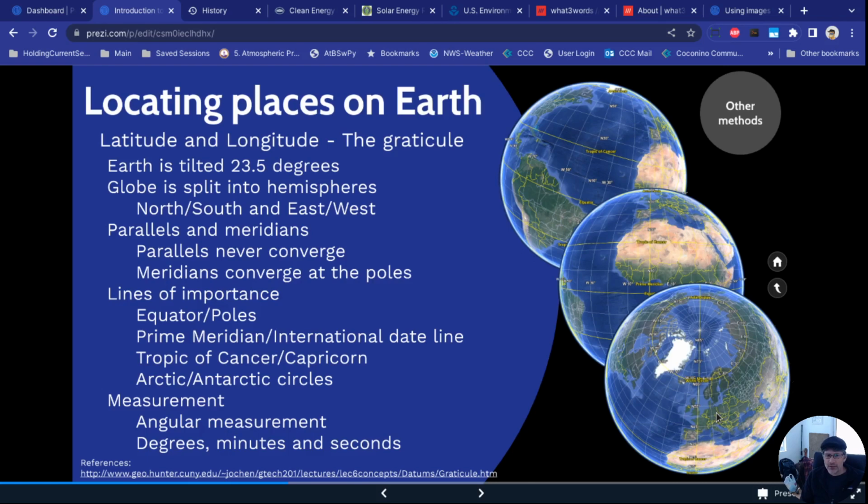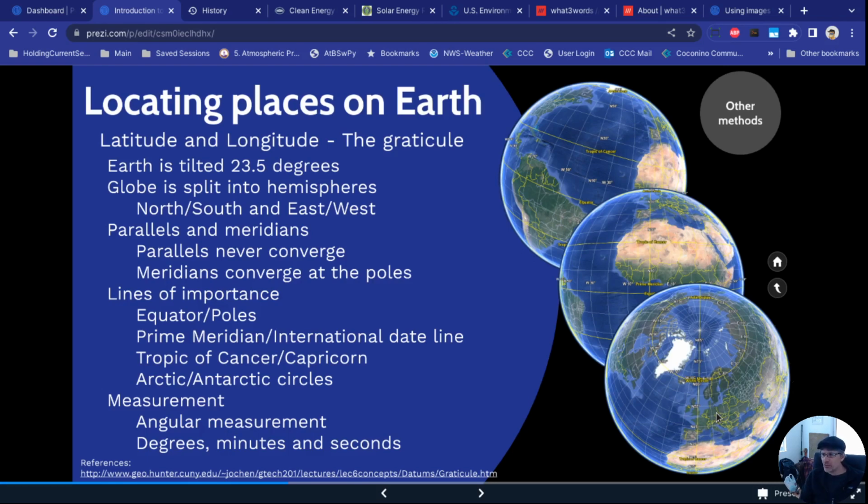The last couple lines of importance I want to bring up are the Arctic and Antarctic circles. The Arctic and Antarctic circles are at 66.5 degrees north and south latitude. And above those, in the winter time, above the Arctic circle, you'll have 24 hours of darkness, or 24 hours without seeing the sun. The sun will just barely be below the horizon when you're above the Arctic Circle.